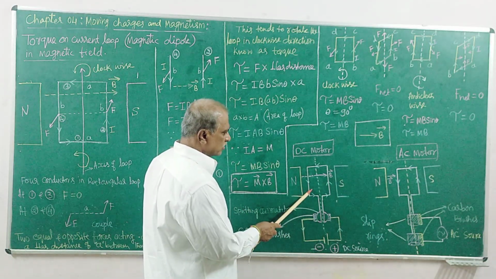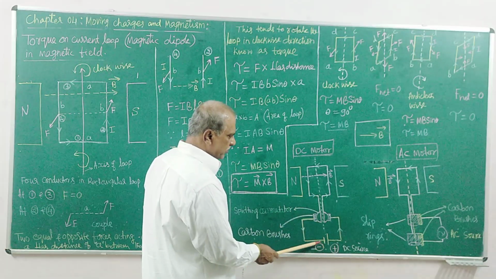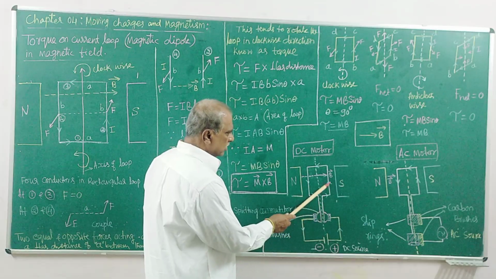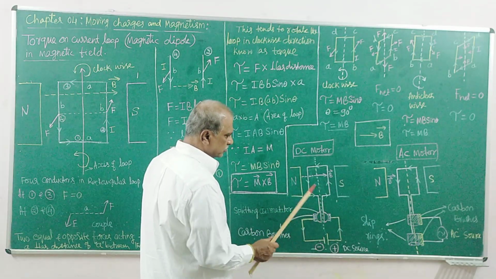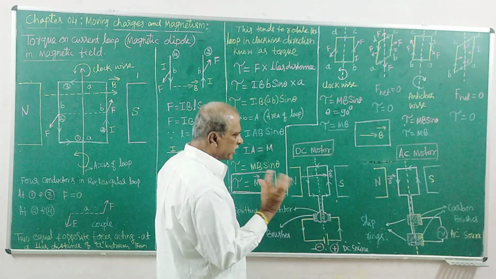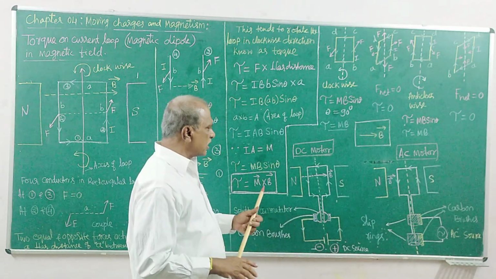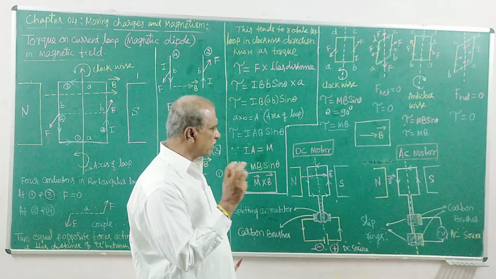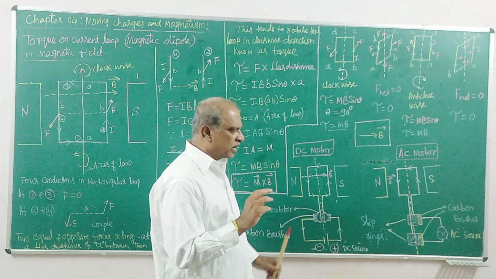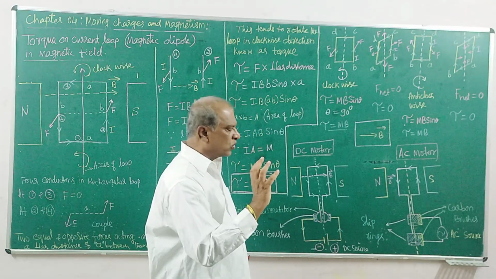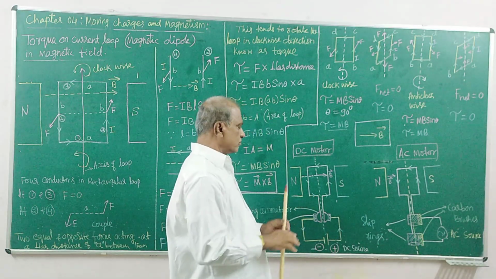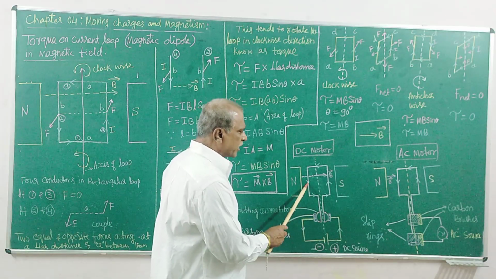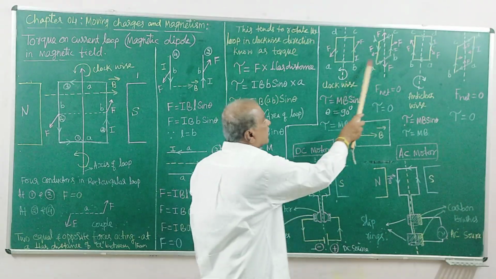Now when you apply current, plus and minus, the direction of current passing through one side is like this, and through the other side it is opposite. With this current the loop rotates. The current produces a magnetic force, a torque, enough to rotate it through 180 degrees, 90 and again 90.